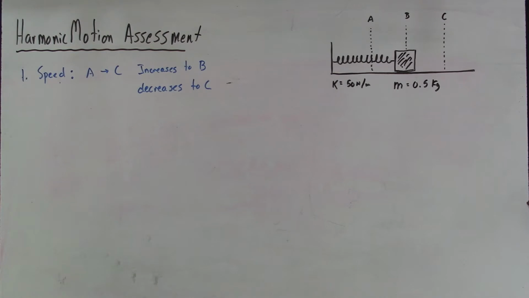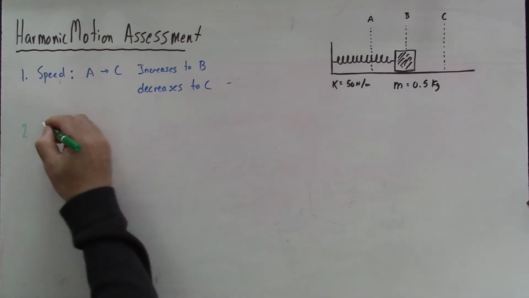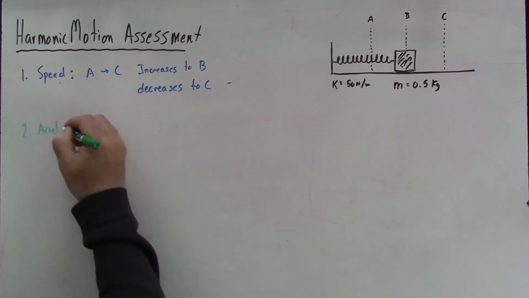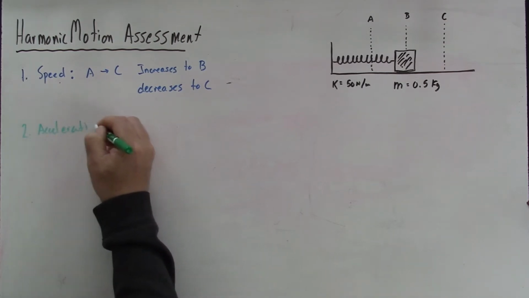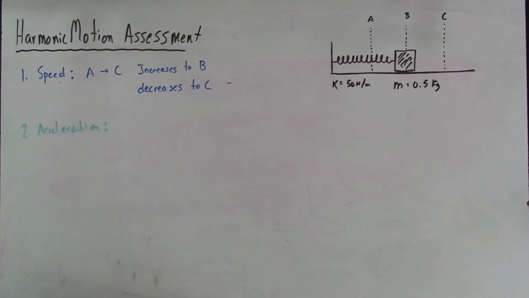All right, let's look at number 2. Number 2 says, what happens to the acceleration of the block? To look at the acceleration, one of the things we should do is draw a force diagram and look for the unbalanced force.